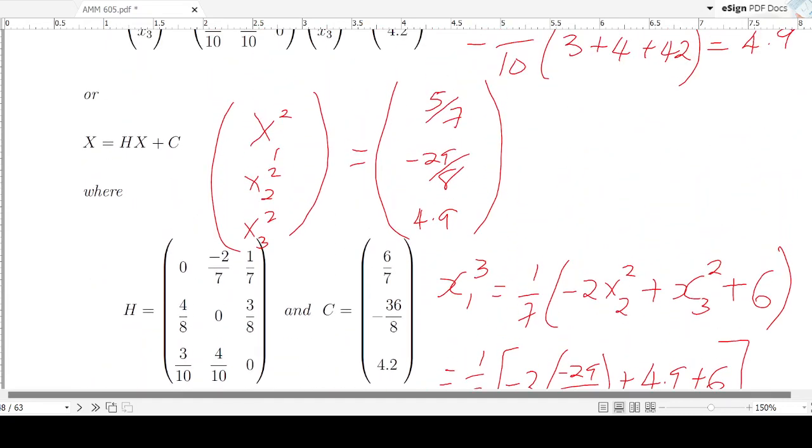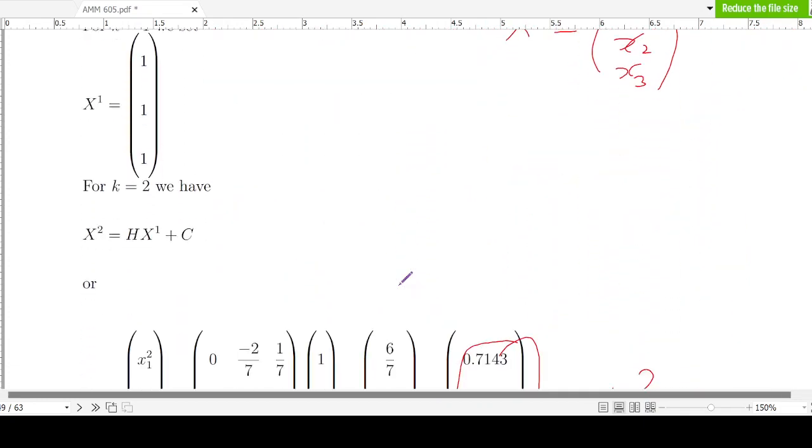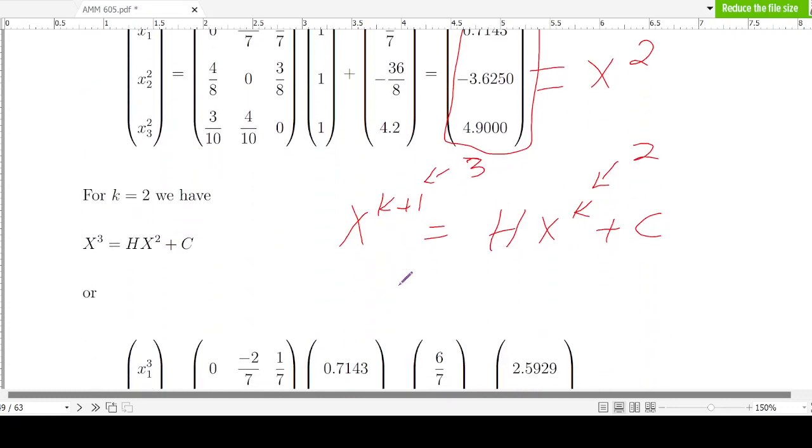The second equation does not have x2. It has x1 and x3. So we shall be using 5 over 7 for x1 and 4.9 for x3. Once we do that, we shall get the solution in the next iteration.